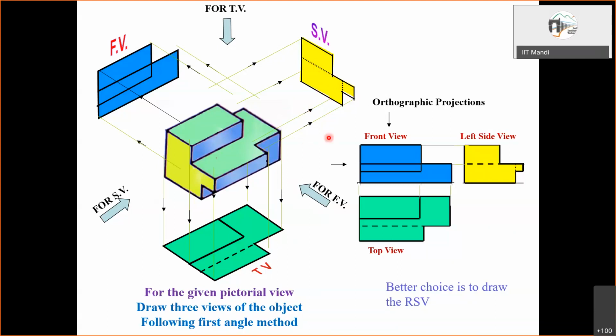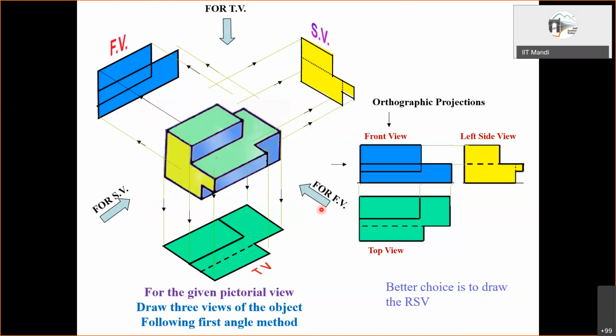So why draw a view where some features are being hidden, when we have a choice? It's better that we draw the one with visible features. That is the reason I am saying that right side view is a better choice. Also, let me mention one more thing. I am saying front view is a good choice.